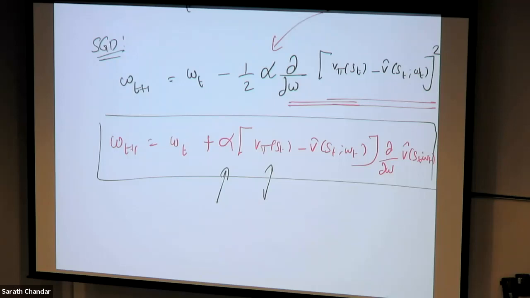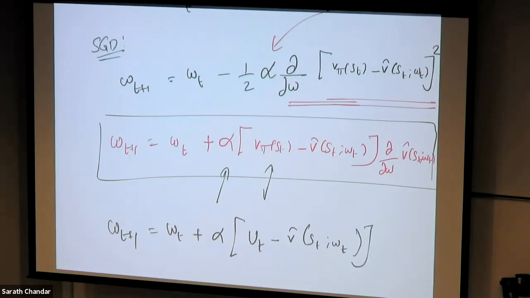I'm going to rewrite this equation as Wt plus 1 is equal to Wt plus alpha times Ut minus V of st, Wt, times the gradient with respect to W of V of st, Wt.